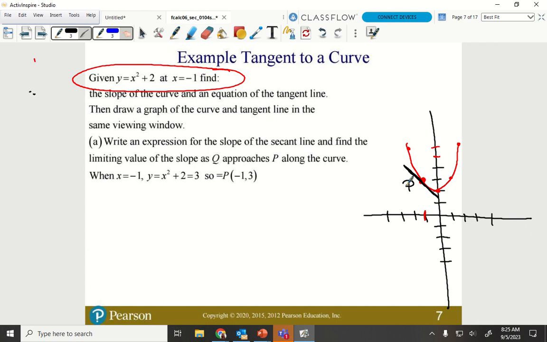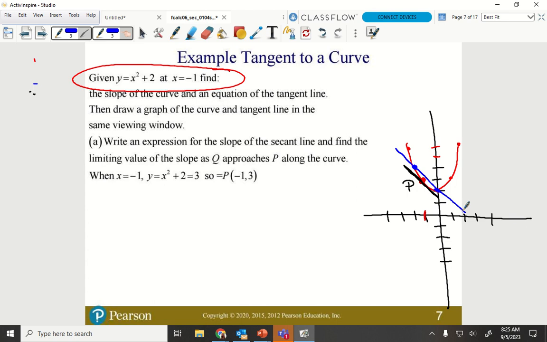So what we're trying to get is basically a secant line that's going to look like this, that is going to be the same as this.